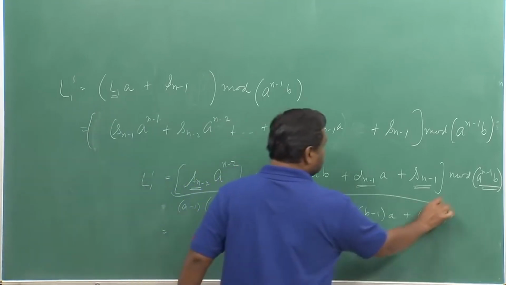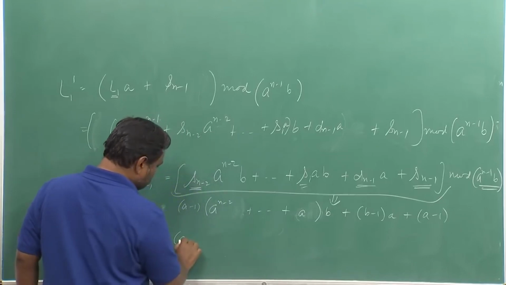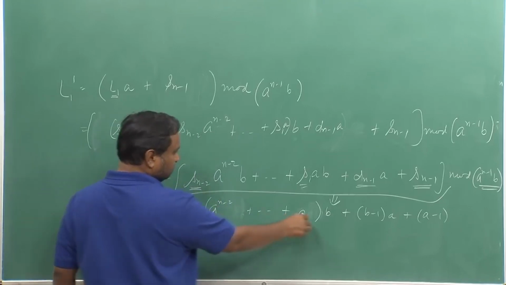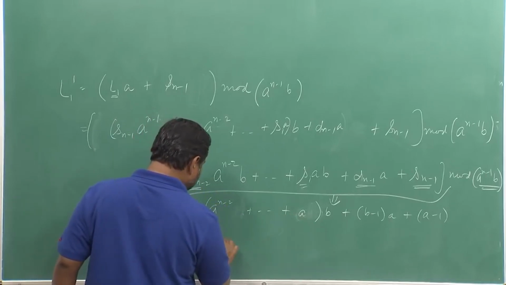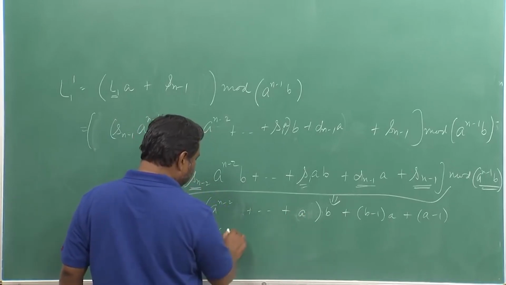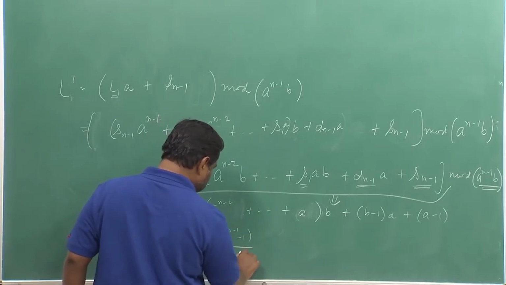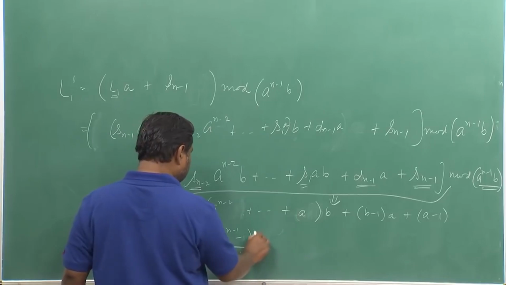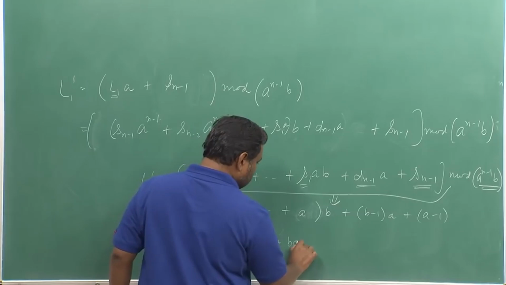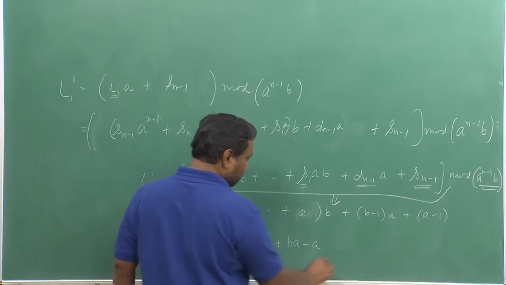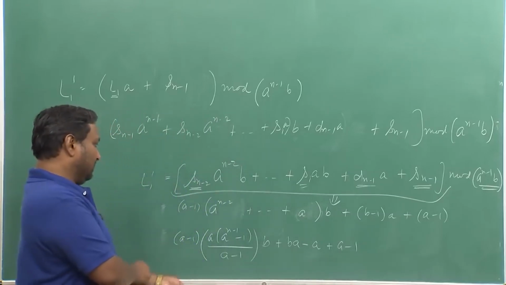So, this will now be A minus 1, this is a series which is starting with A. So, this will be A into A, number of terms will be n minus 1. This will be into B, BA minus A plus A minus 1. Okay.